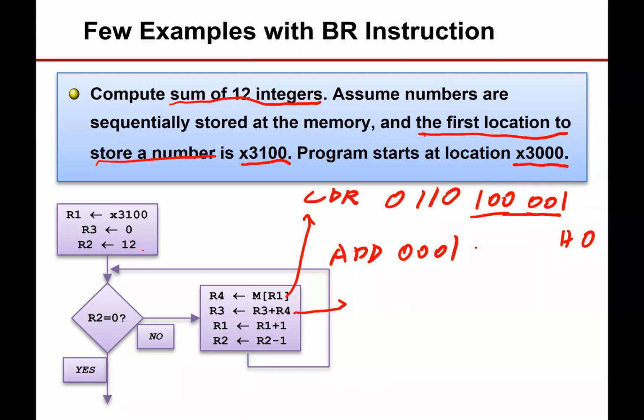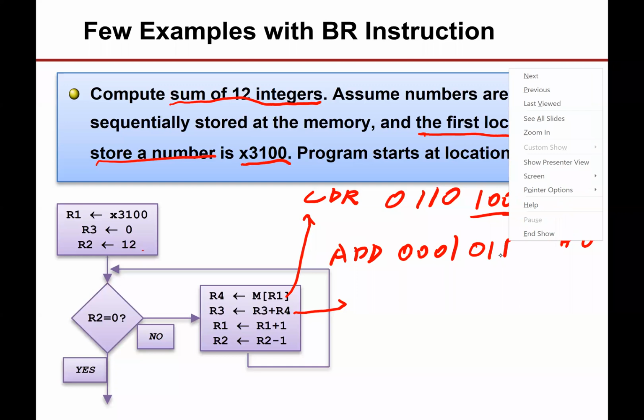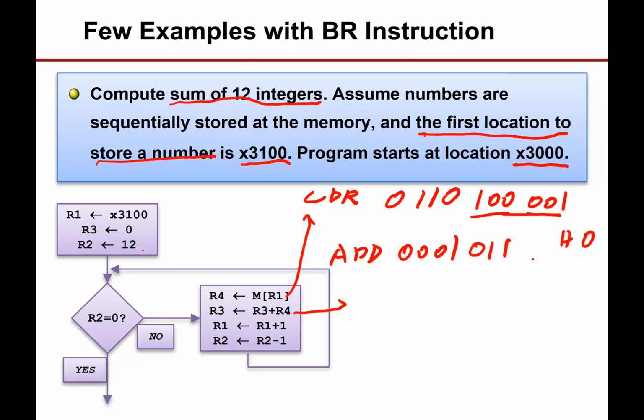The destination is R3, 011. One operand is R3, 011. The other one, the last one, is R4. So this is the instruction of the second line.